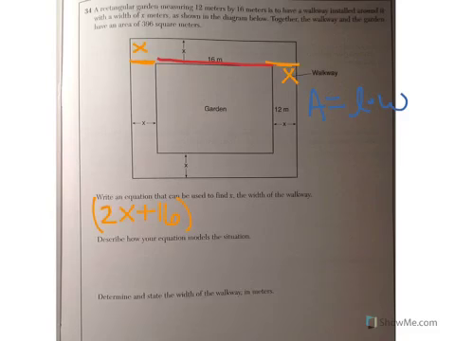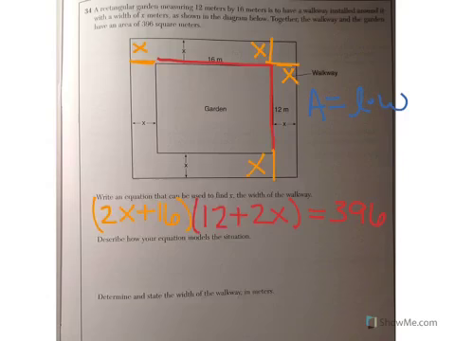Okay? We need to multiply that by our width. Our width is 12 meters, but we also have to include the walkway. So we have an x and an x. So really, we're going to have 12 plus 2x, remember we have two x's, and that will all equal the area of 396. So that is the equation that you would need to use to find x.